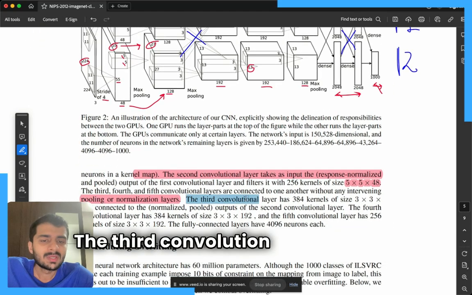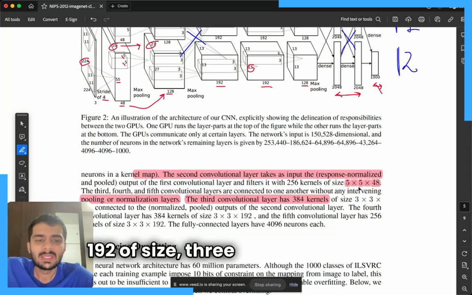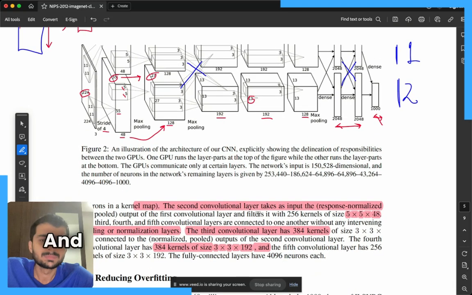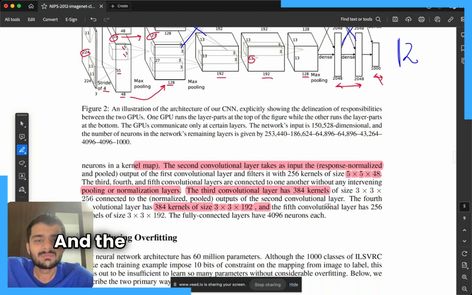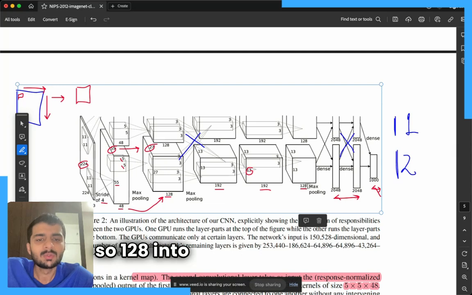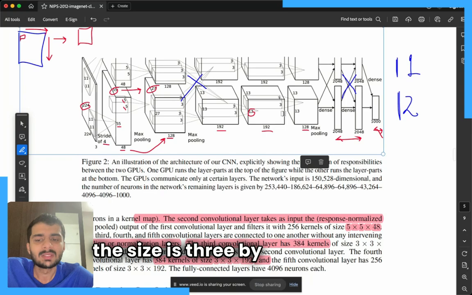The third convolution layer has 384 kernels, 192 plus 192, of size 3 by 3 by 256. The fourth also has 384 kernels, but the size is 3 by 3 by 192. And the fifth convolution layer has 256 kernels, so 128 into 2, that is 256, and the size is 3 by 3 by 192.